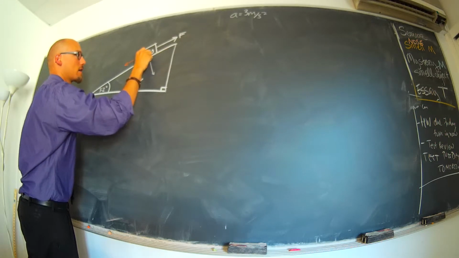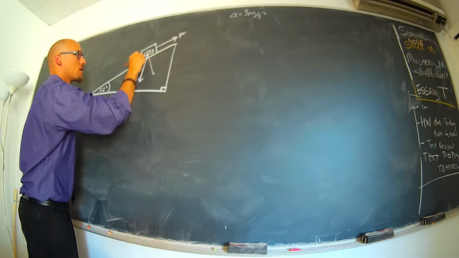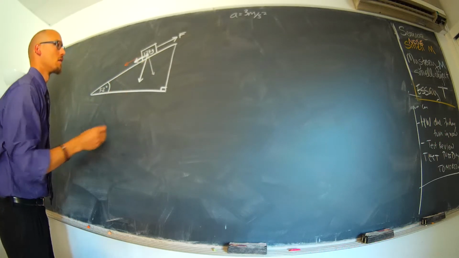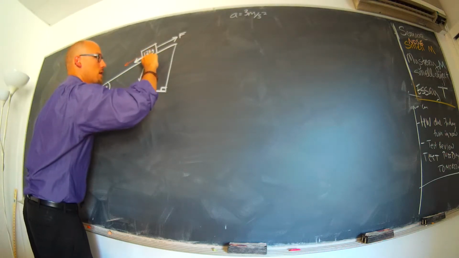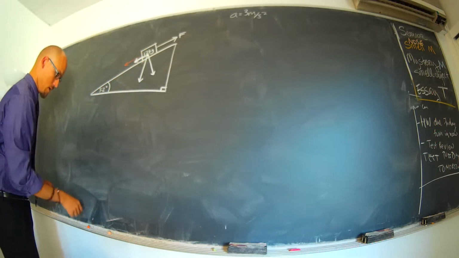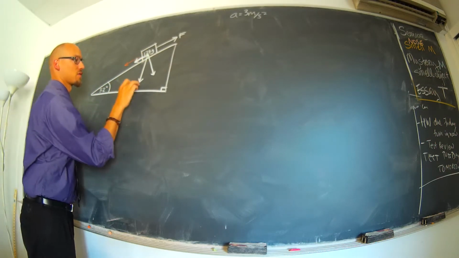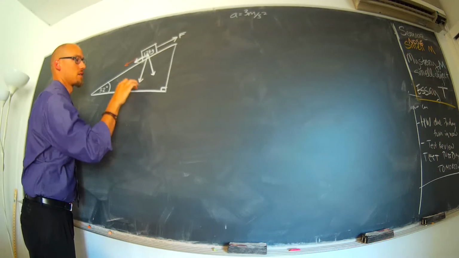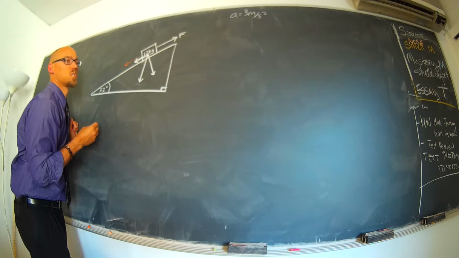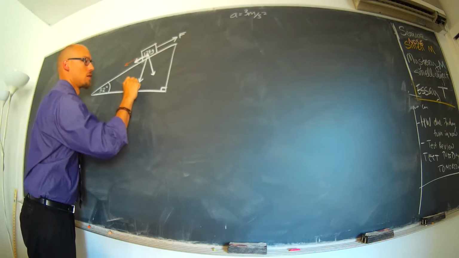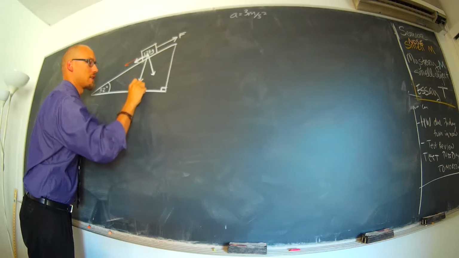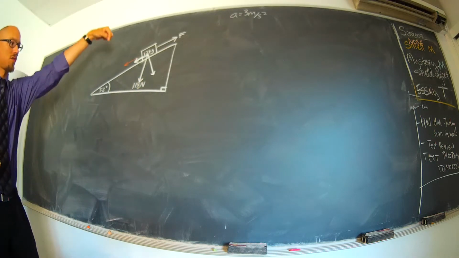I'll draw that here. What is the force of gravity? It's going to be mg, 117.72. So 118 newtons straight down.